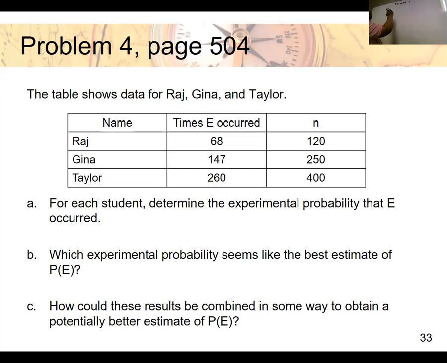The n here for Raj was 68 out of 120. For Gina, it was 147 out of 250. And for Taylor, it's 260 out of 400. And we want the experimental probability for each one.